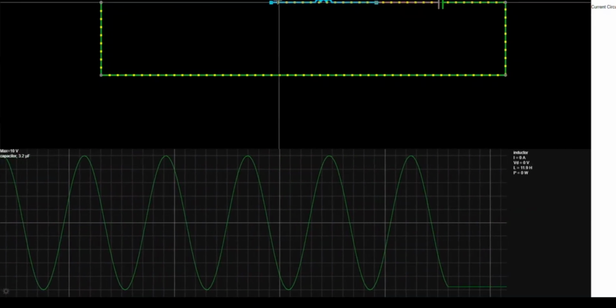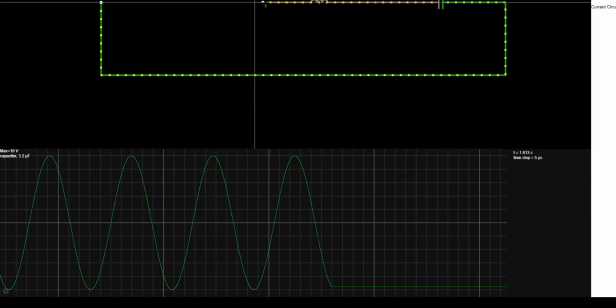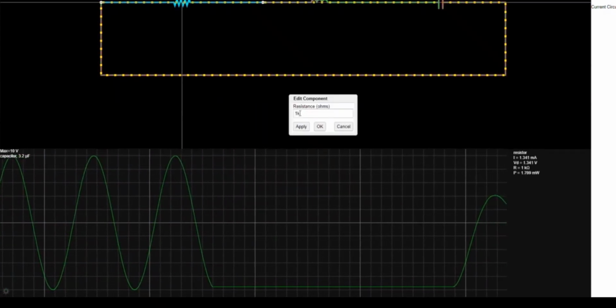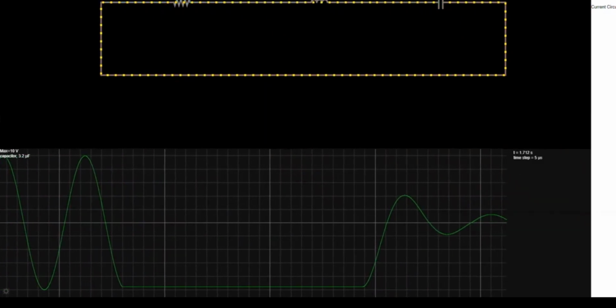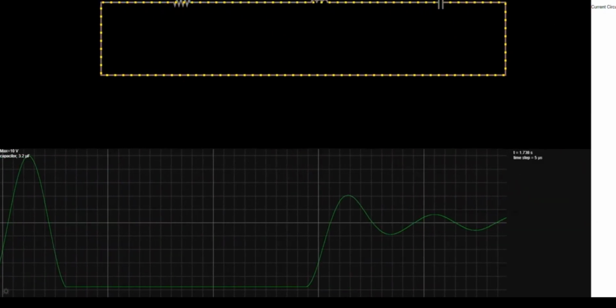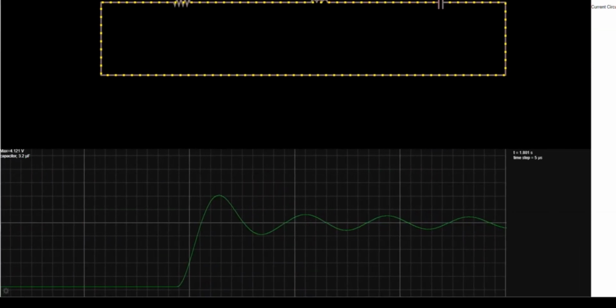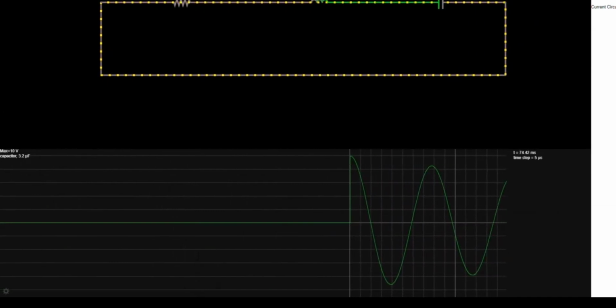So let me go from the ideal world to the real world where we actually do have some resistance. Watch what happens. I'll make this a 100 ohm resistor and then hit reset. Okay, so things are starting out good, but look, all of a sudden I'm fading away.